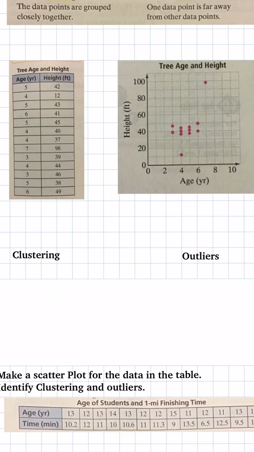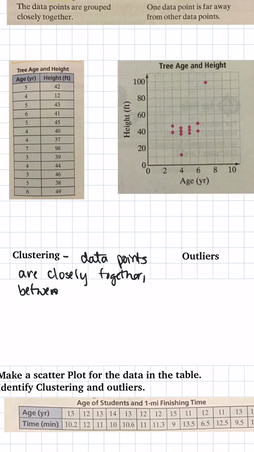So the clustering, if we were to put this in words, is that the data points are closely together between the ages 3 and 6, and the height 37 feet and 49 feet.